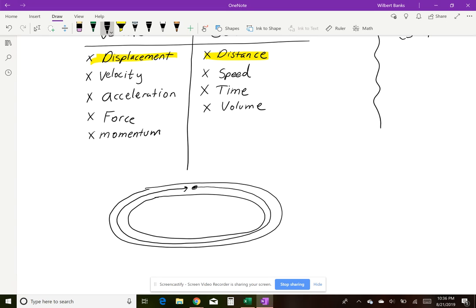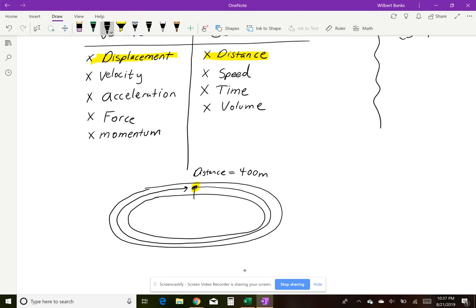That person may go here and run all the way around that track. And I know that this total distance is equal to 400 meters. However, that person started off from this point and ended at that exact same point.